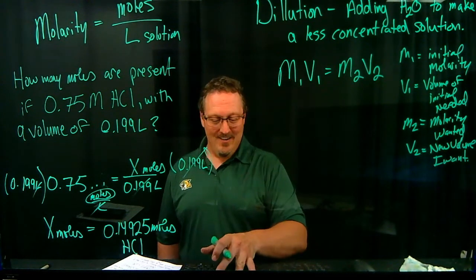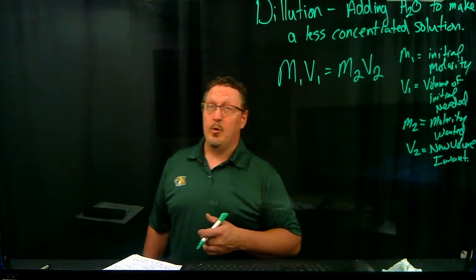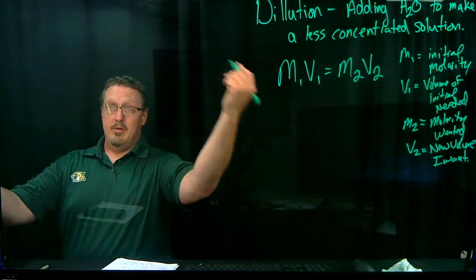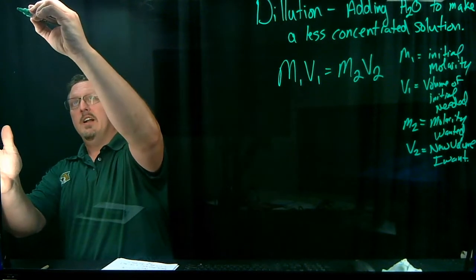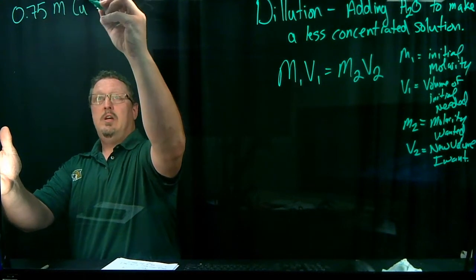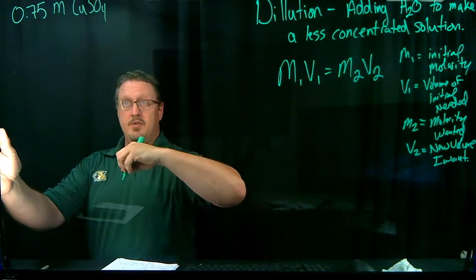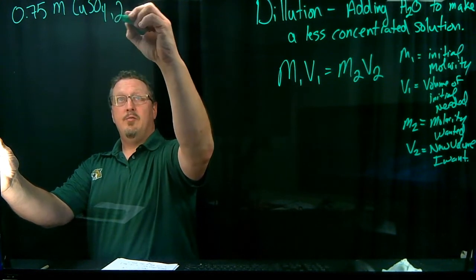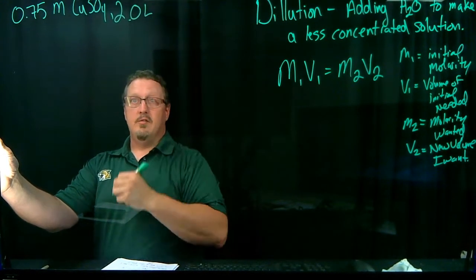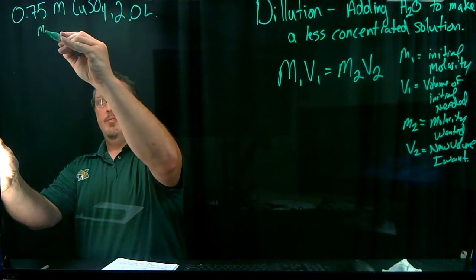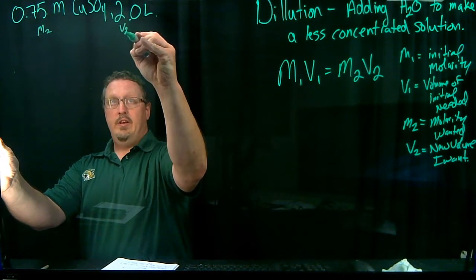So, hang on. All right, so let's suppose that I need, for a lab I'm doing with somebody, a 0.75 molar copper sulfate solution, CuSO4, and to get everybody through the lab, I need 2.0 liters of it. So this is going to be my M2, this is going to be my V2.